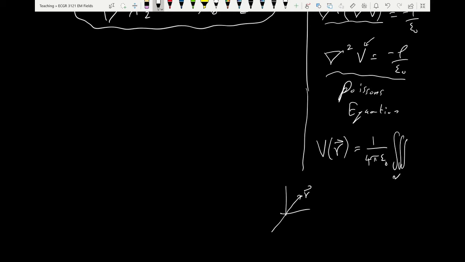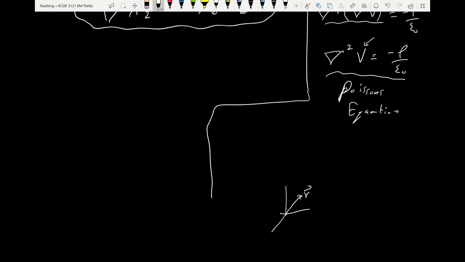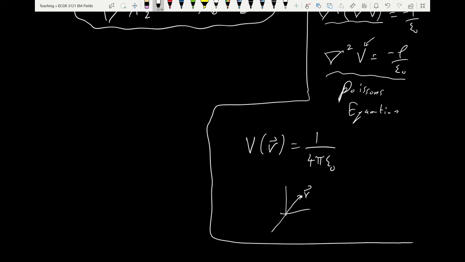What do we integrate? Let me write this here, giving myself more space. So we know how to find the voltage for any volume charge density. The voltage at any point, where this is the position vector to that point, is just 1 over 4 pi epsilon naught, the volume integral over the whole charge density rho of r prime, dv prime, over the magnitude of r minus r prime.